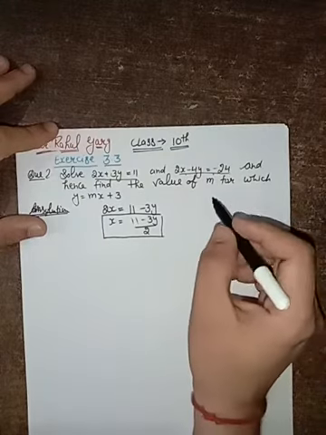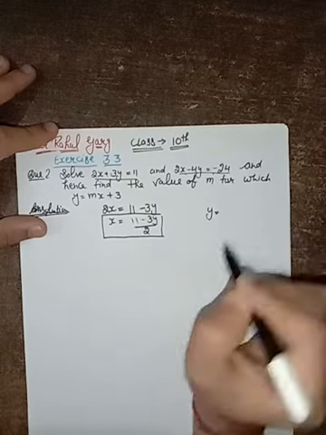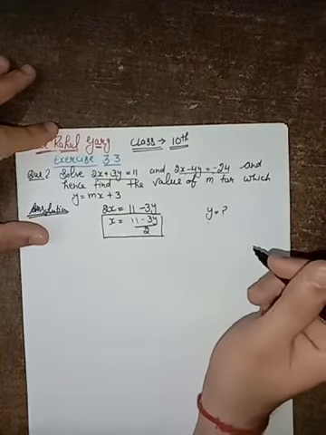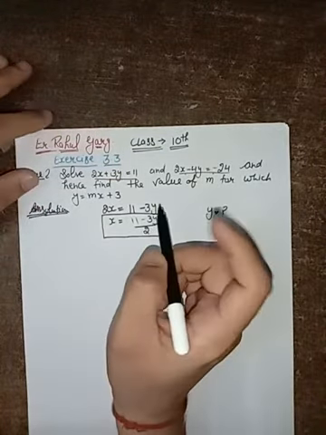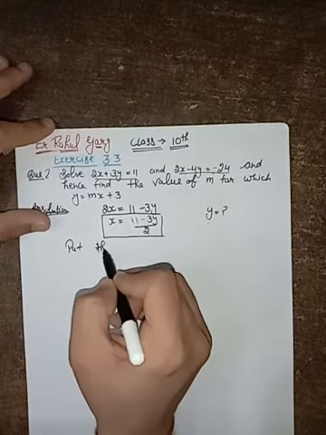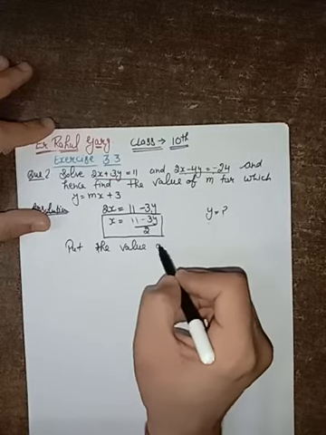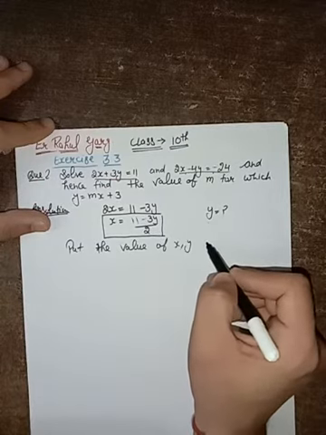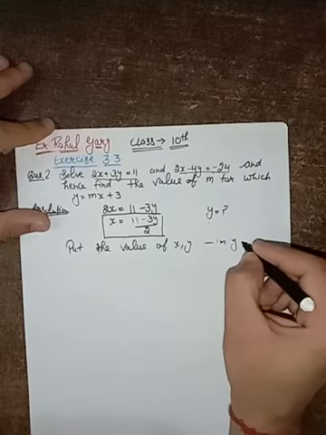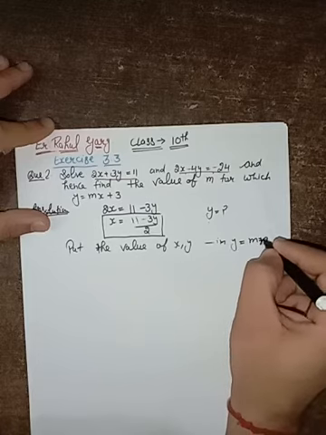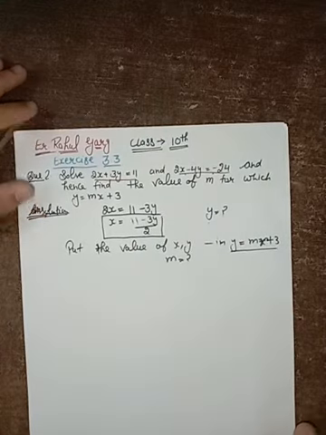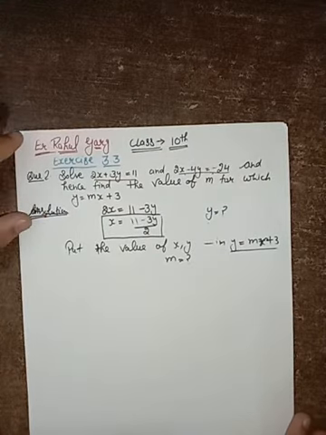After solving you will get the value of y, and put that value of y in the first equation. Then after solving you will get both the values of x and y. Put the values of x and y in the equation y equals mx plus 3, and after solving you will get the value of m. So students, you have to try this question yourself.